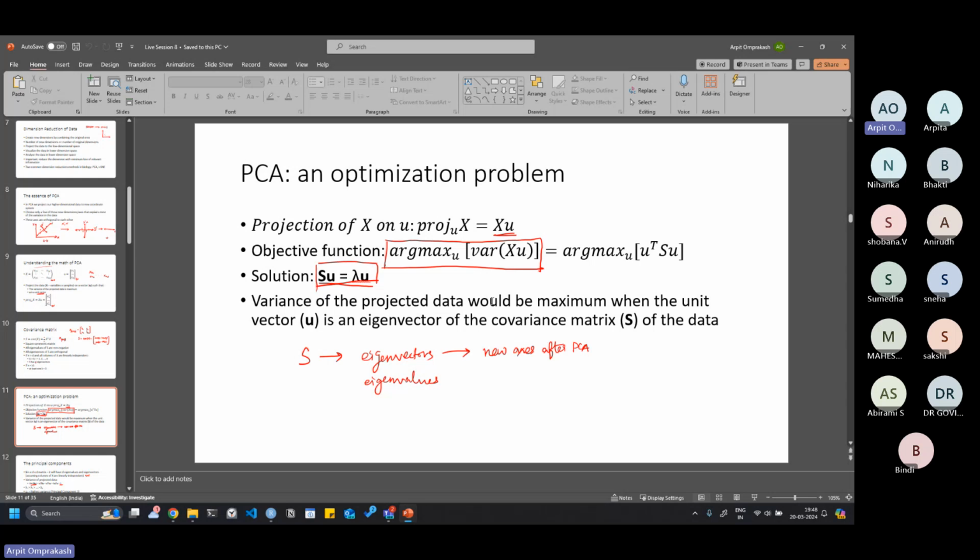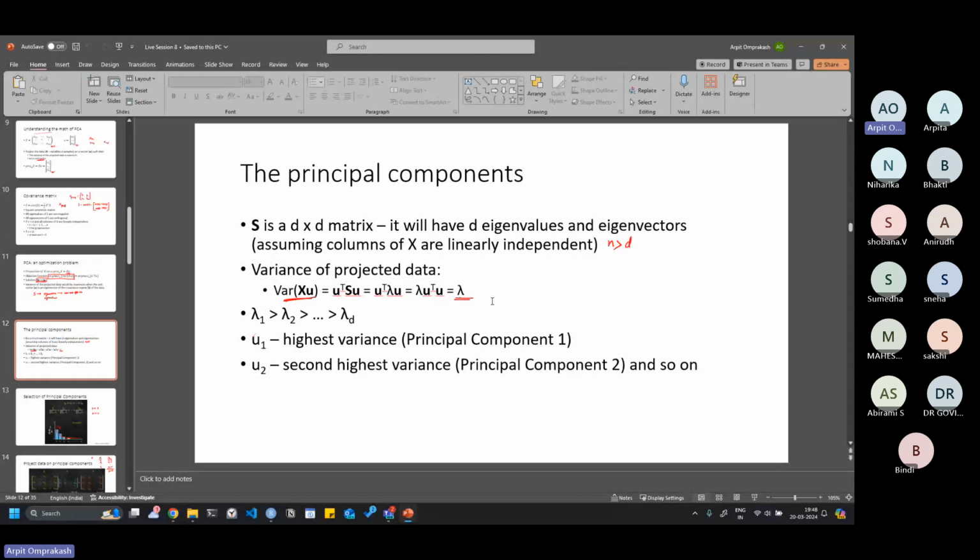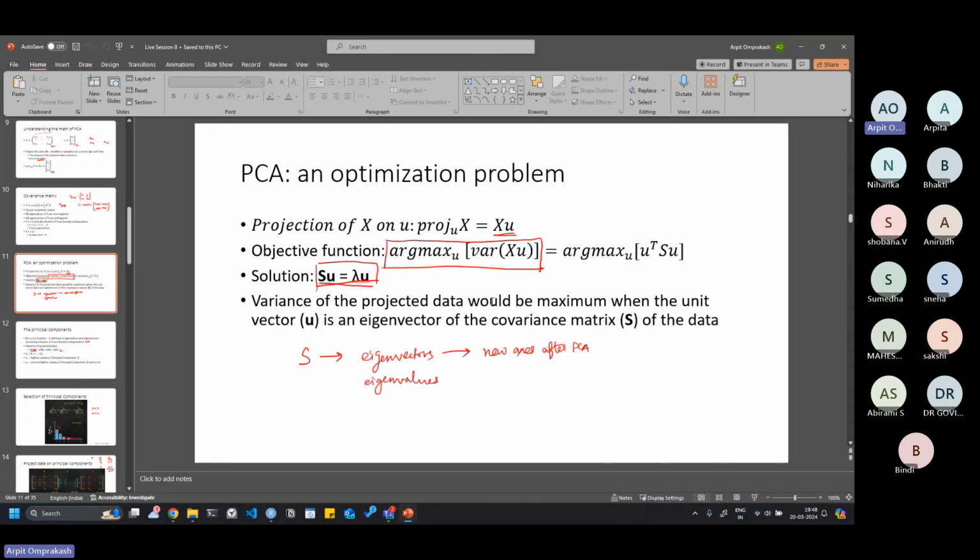So the eigenvectors in PCA become the new axes after PCA. These are called the principal components, and the eigenvalues are the variance of the data on that particular eigenvector axis.